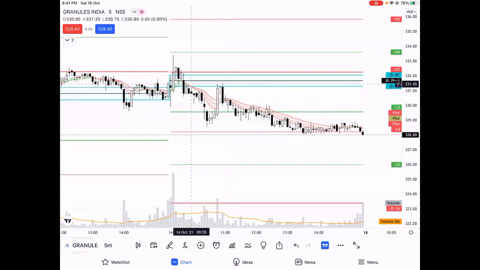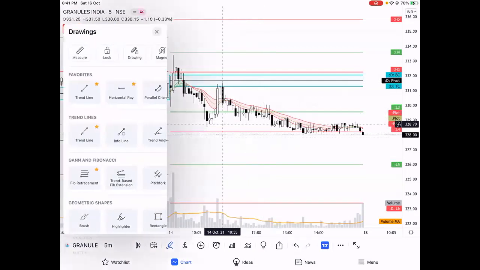Those who had shorted here based on these particular levels or the low of this, their stop loss also got hit, and again you can see additional liquidity, right? Now again the same thing is happening here.